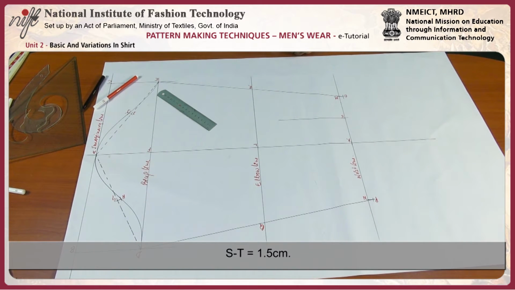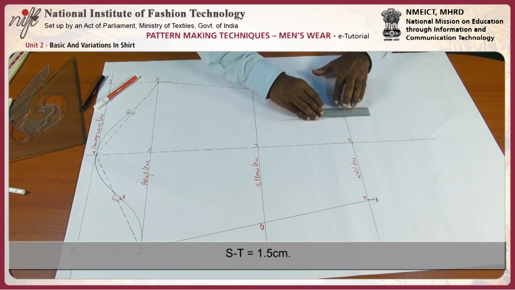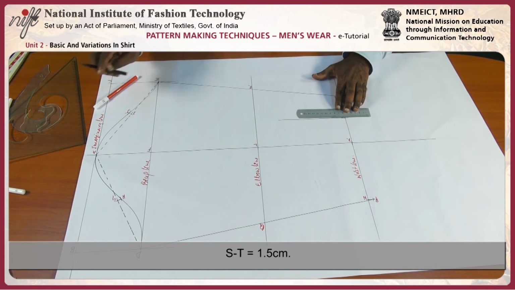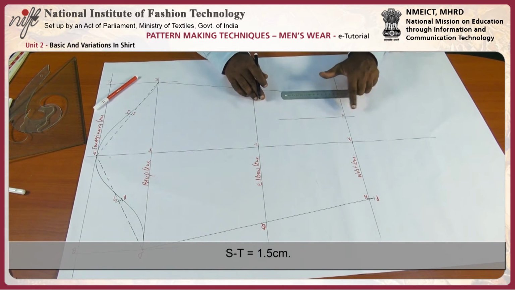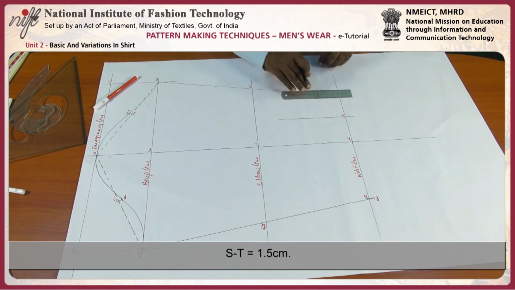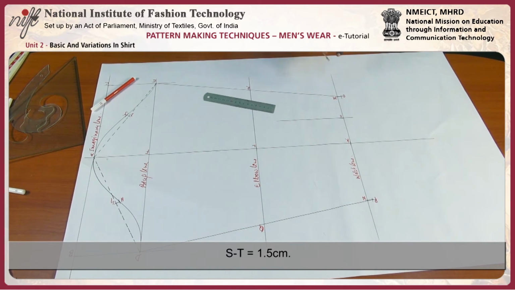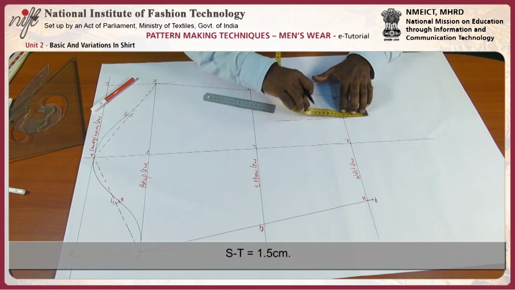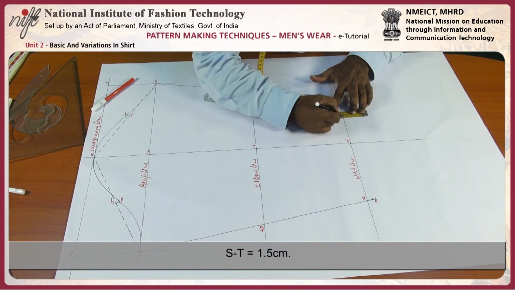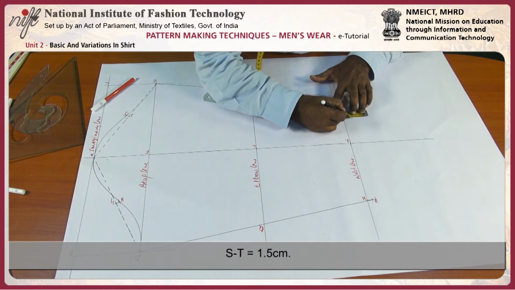S to T is 1.5 centimeter. See, the line of placket positioning is to be extended. From there, measure 1.2 centimeter, and 1.5 centimeter.